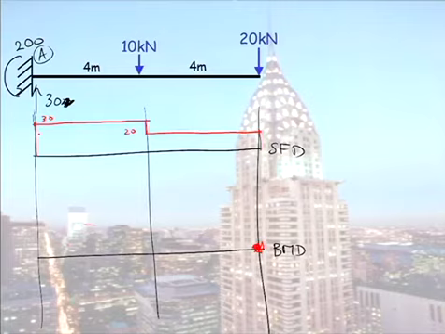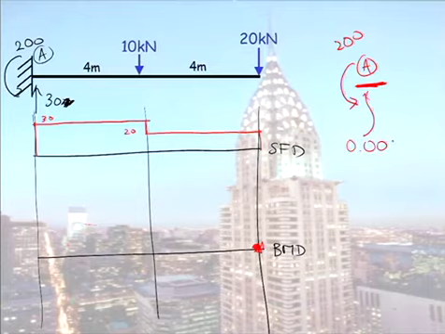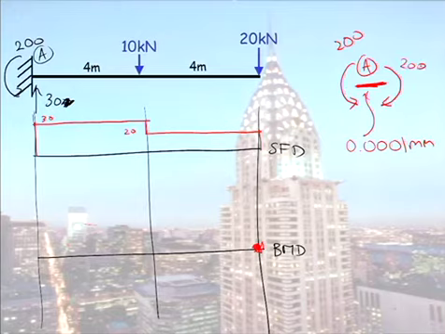Now, if I draw a tiny free body diagram here, and this is A, and this moment is 200, and I've exaggerated this, but this length in here is 0.0001 millimetres. What is my internal moment equal to? Well, it'll be equal and opposite, won't it, for equilibrium? So it'll be 200.